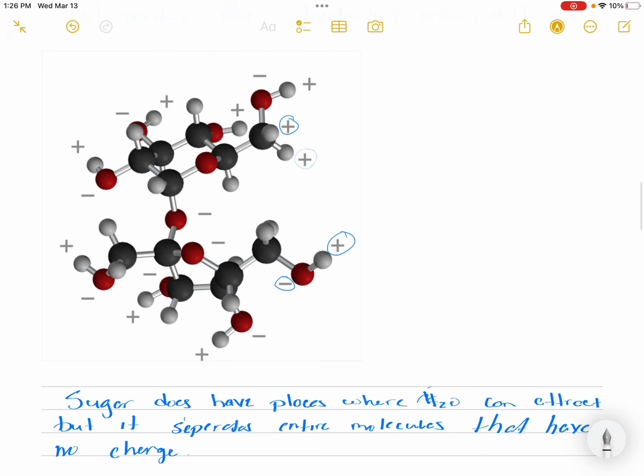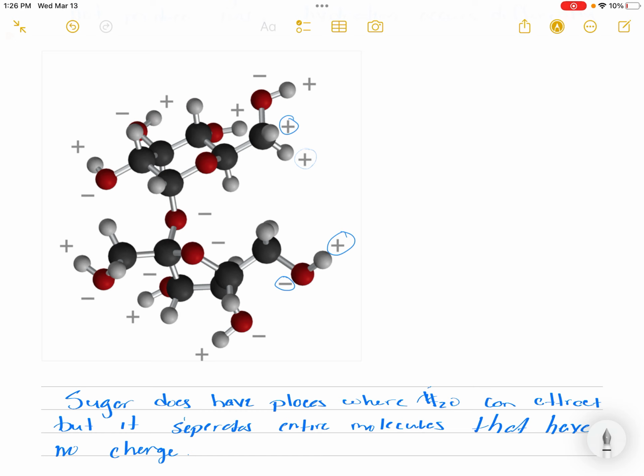So sugar is a relatively poor electrolyte because it separates one of these molecules pictured above from the crystal structure, but this molecule stays intact. Because it has so many positives and so many negatives, it doesn't really have a distinct positive and a distinct negative to make it polar.